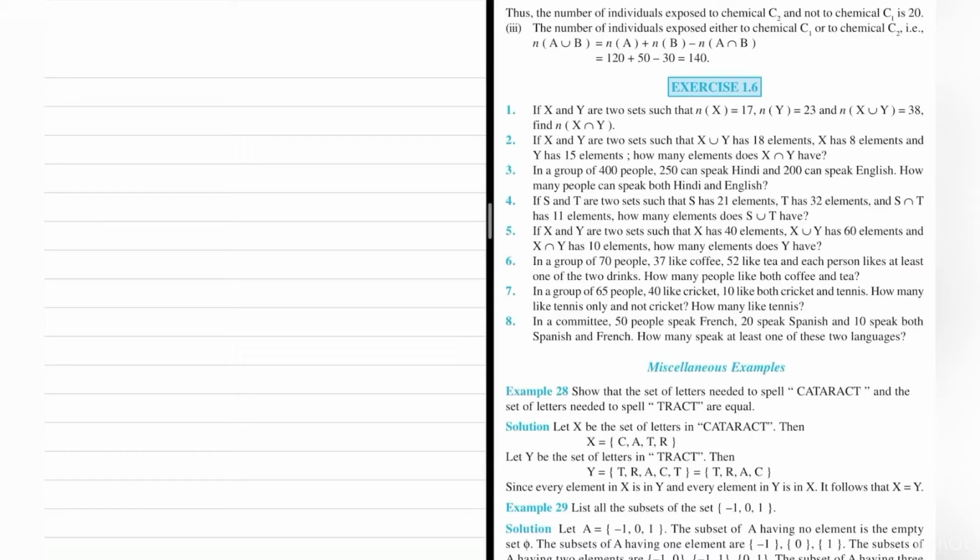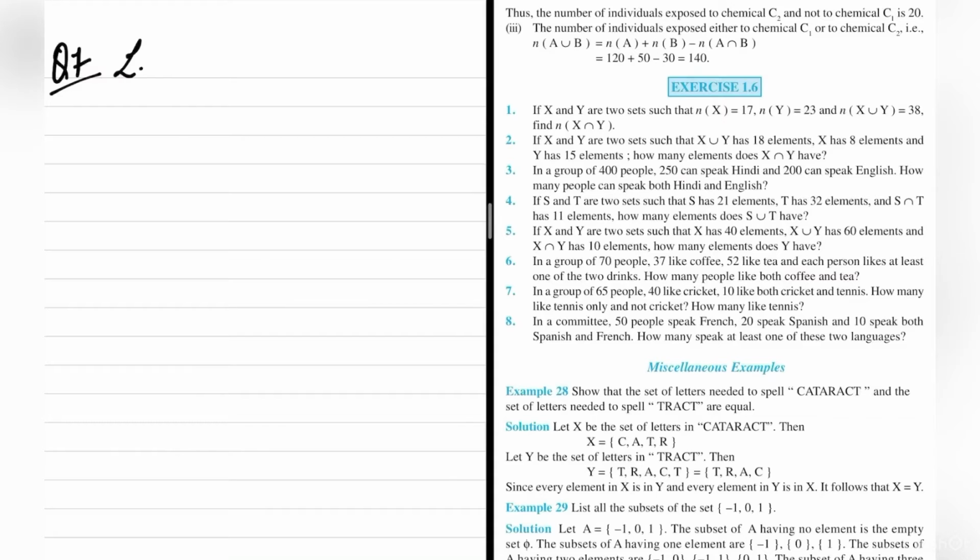Next, question number 7. In a group of 65 people, 40 like cricket, 10 like both cricket and tennis. How many like tennis only and not cricket? Very important question. First of all, let us define the sets. So we have two sets. One is of cricket and one is of tennis.